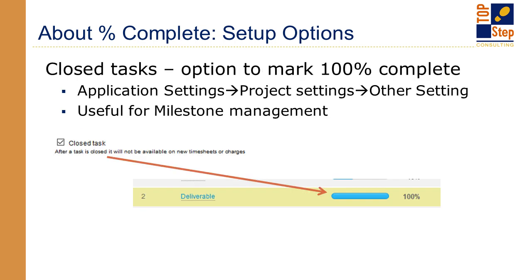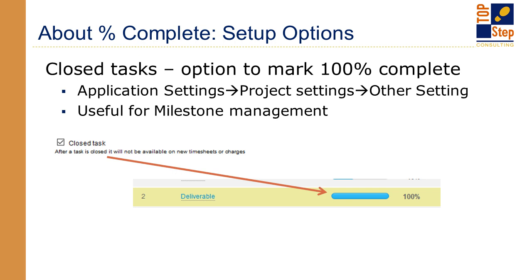An option that works great for both milestone management and billing rules, which generate a fixed fee charge based on completion of that milestone, is to set up tasks as milestones, meaning, again, no time would be logged to the task. That, coupled with enabling the setting to mark closed tasks 100% complete, will allow you to track those.